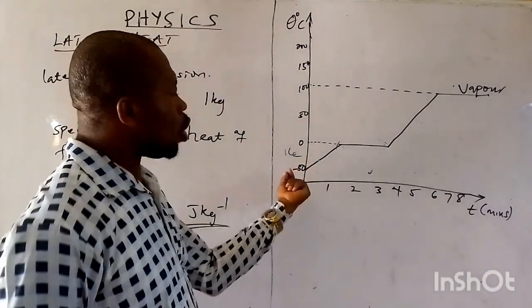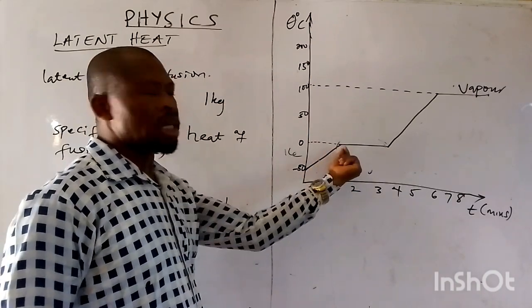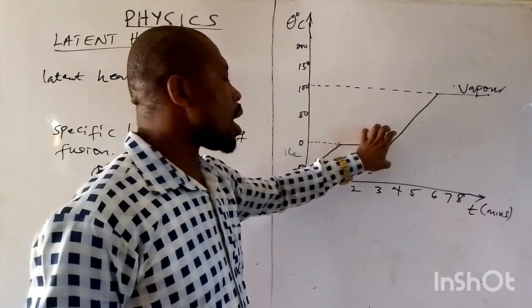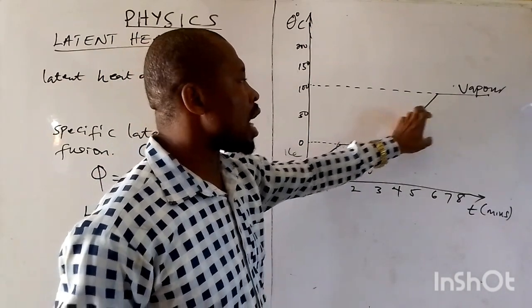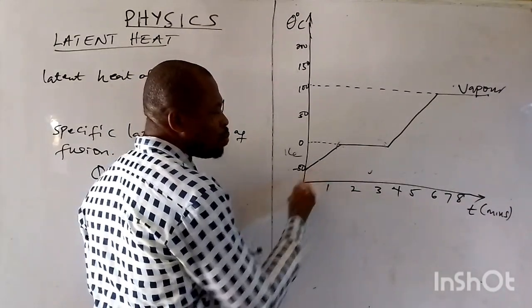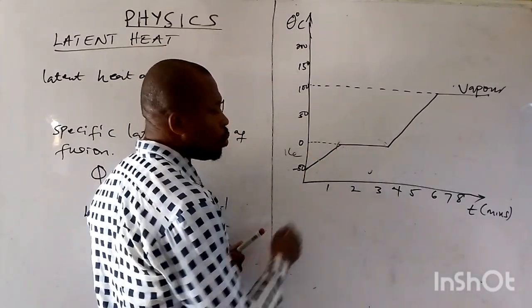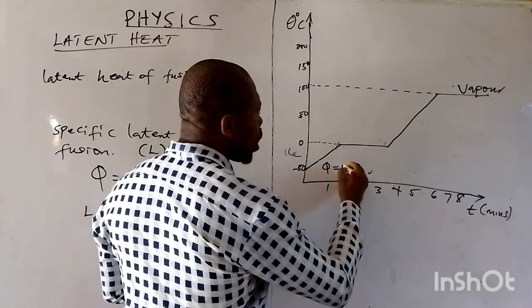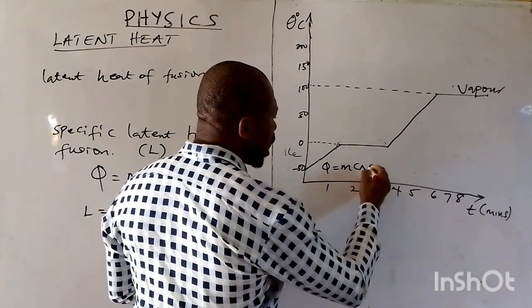Now, in summary, remember we said heat supplied to ice takes it to water, and if you continue to add heat to that water, it takes it to vapor state. At the points where there is change in temperature, Q is equal to MC delta theta.